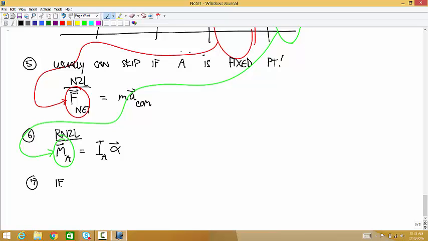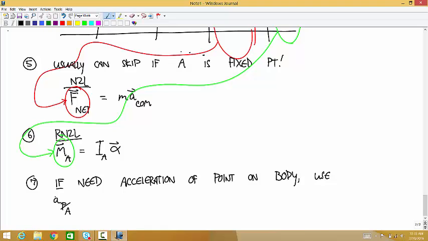Then, if you need to calculate the acceleration of a point on the body, you can use the fact that the acceleration of that point relative to your about point is equal to, it's the watermelon equation.